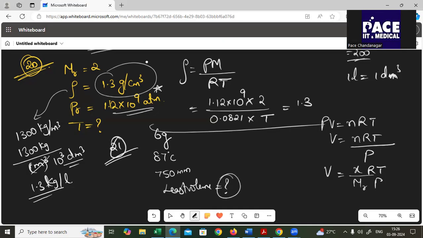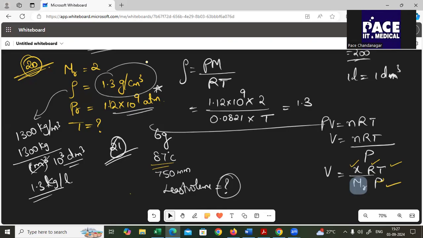Least volume for greater molar mass, agree? Because everywhere it is 6 grams, the given mass is the same, R is the same, the temperature of 87 degrees is the same, and the pressure is also 760 mm for all four options given to us.